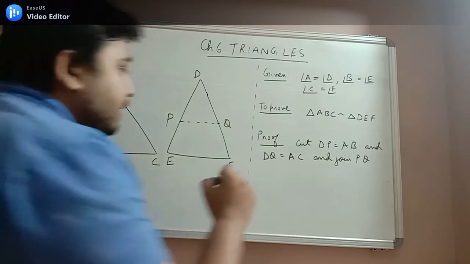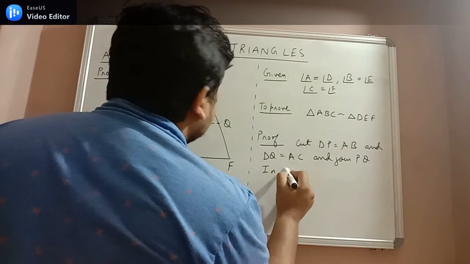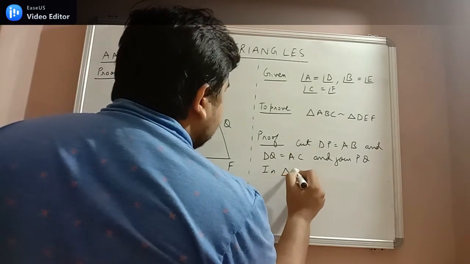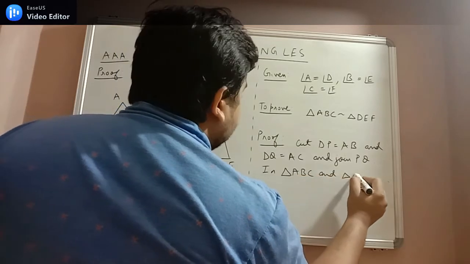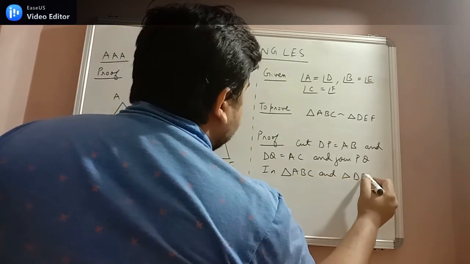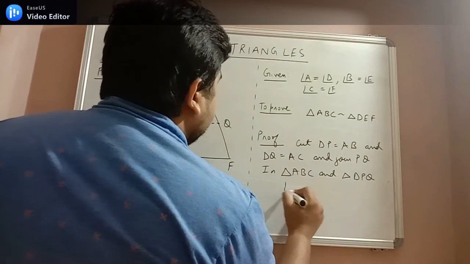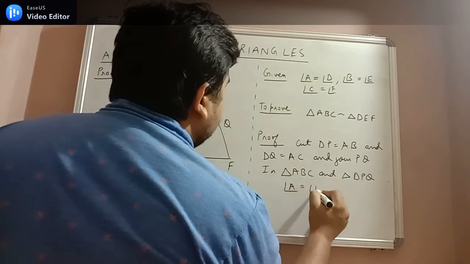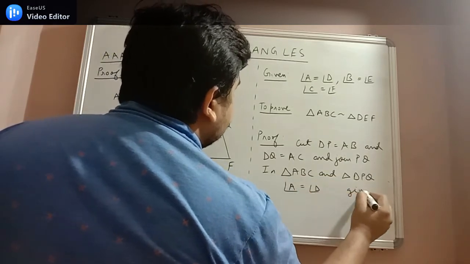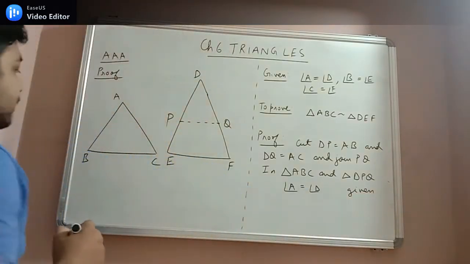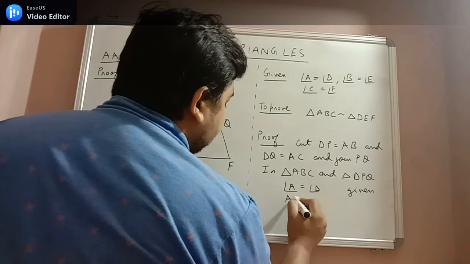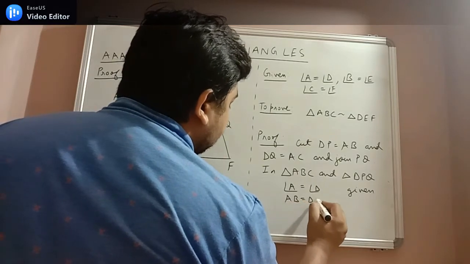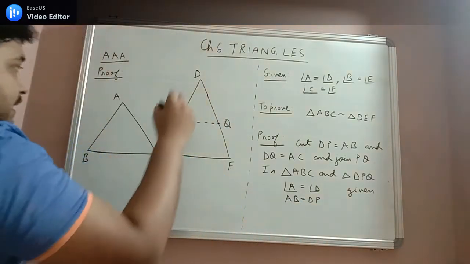Now in triangle ABC and triangle DPQ, we have angle A equal to angle D, it is already given. AB equal to DP we have taken, and AC equal to DQ.